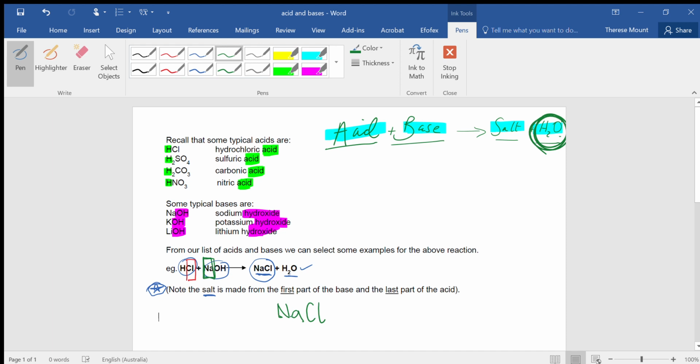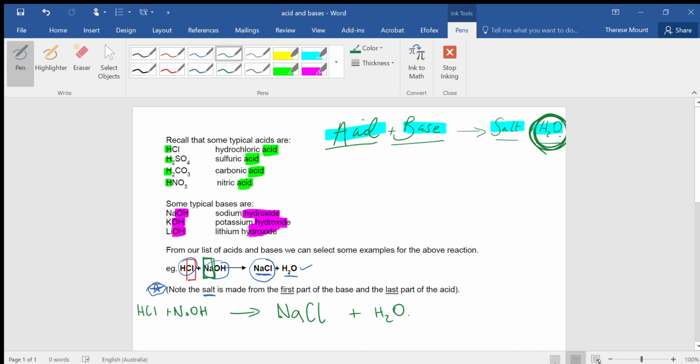So this is my salt here, NaCl, and then I always get that water being formed as well. So this is from the HCl plus the NaOH. Just a quick overview there.